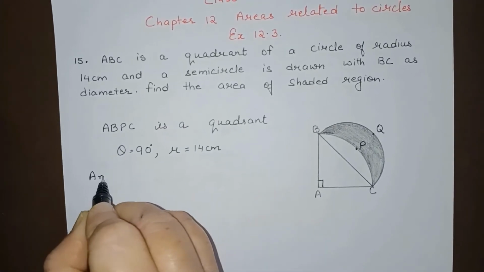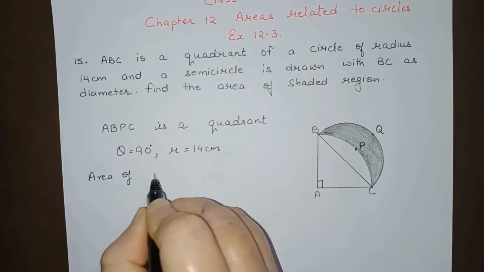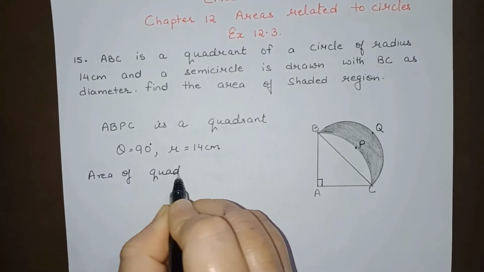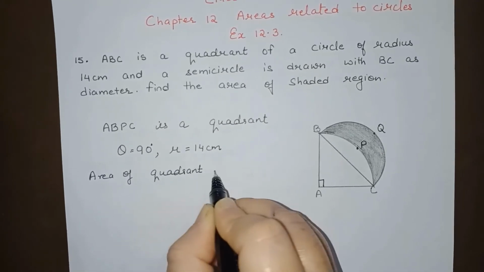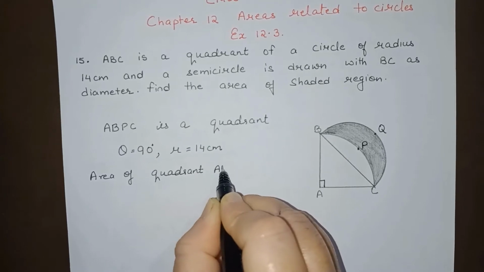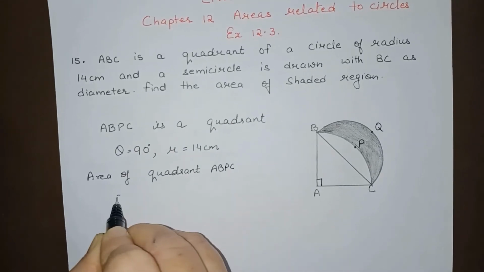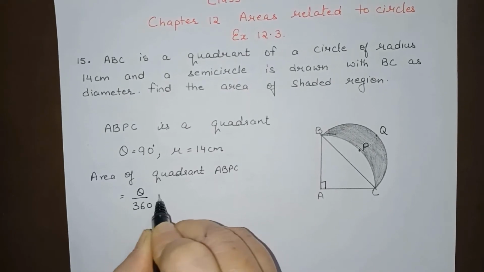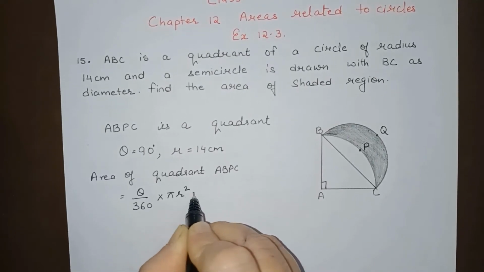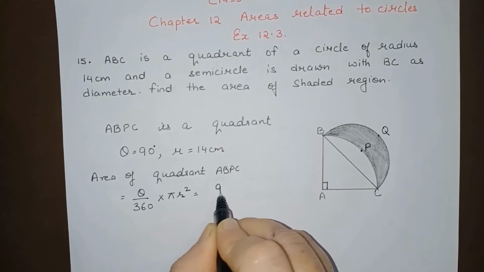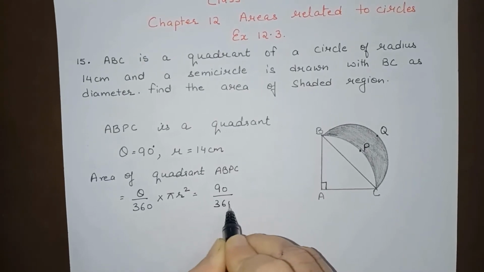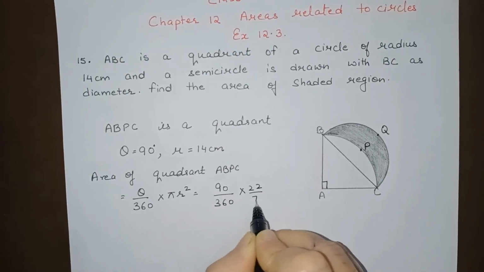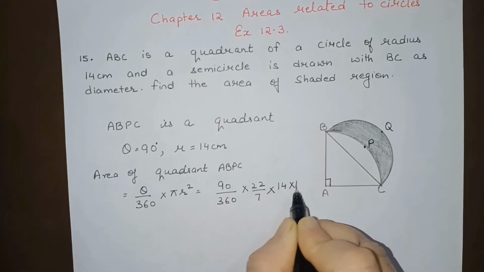So area of quadrant ABPC will be equal to theta over 360 degree into pi r square. 90 over 360 degree, 22 by 7, 14 into 14.